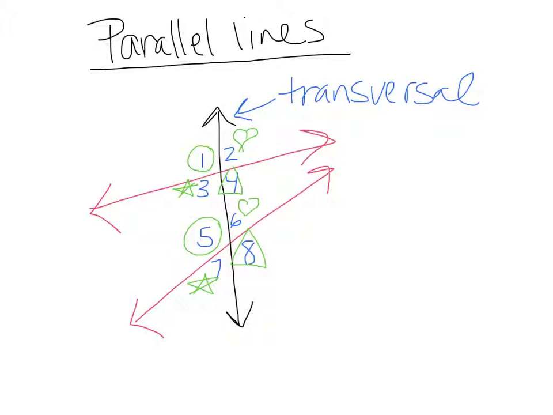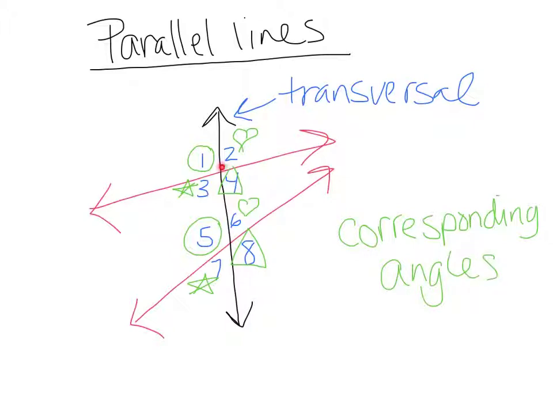These angles are called corresponding angles. If I look at this intersection, angle 1 is up and to the left, and angle 5 is up and to the left, so they're corresponding. Angle 4 is down and to the right, angle 8 is down and to the right. Corresponding angles come in pairs. That is essential for you to understand.